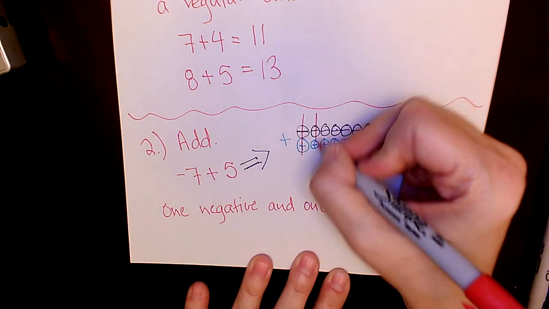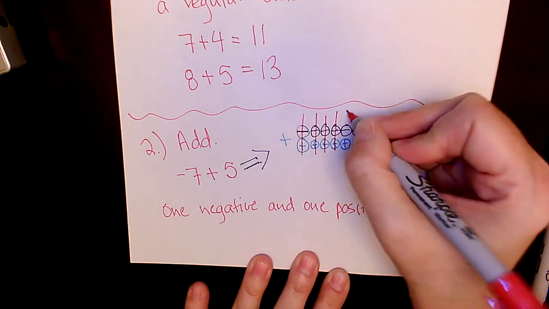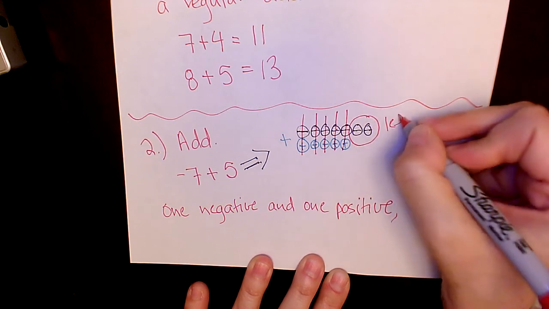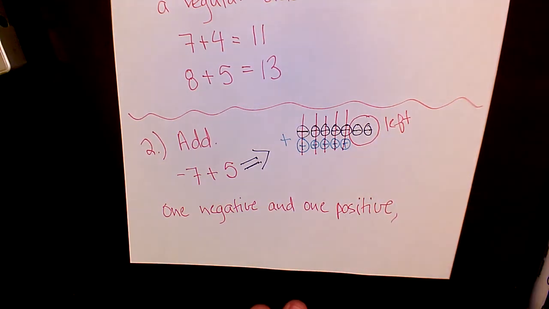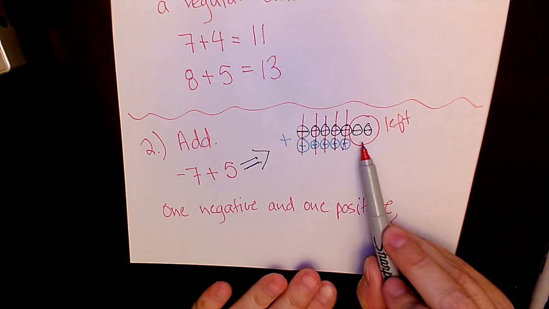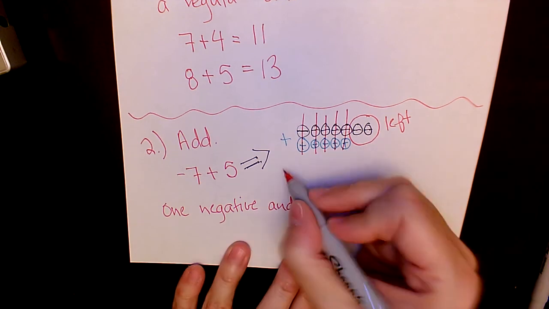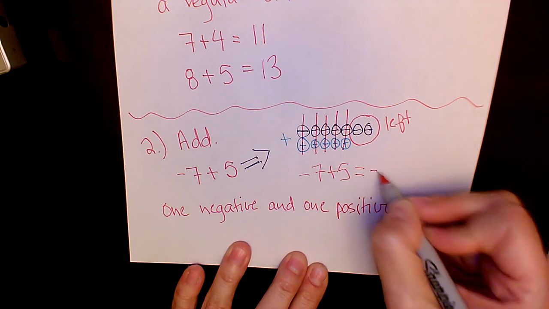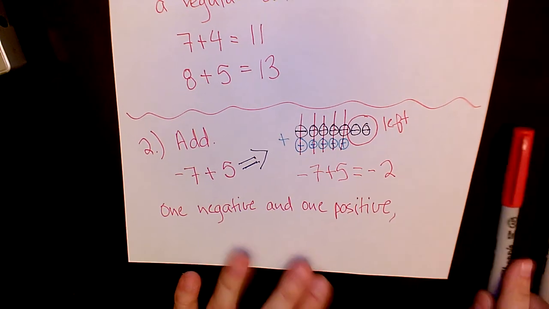So 0, 0, 0, 0, 0. Here's what's left: 2 negatives. So -7 plus 5 is 2 negatives, or -2.